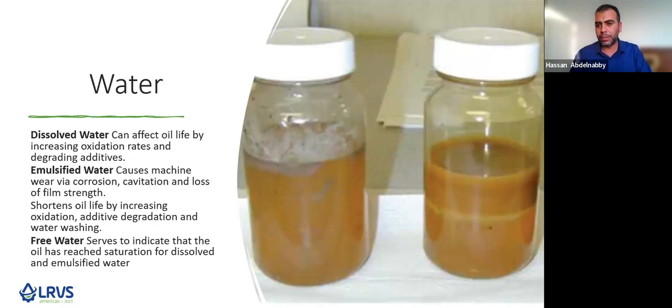I have seen it in my factory and struggled to remove it at the lowest cost possible. Water is a contaminant that can harm your equipment by creating corrosion and even cavitation, and it can also affect the film strength, which will lead to more wear. If it becomes a sludge, it is the end of your oil. You need to remove it. Whatever the cost, you need to remove it.